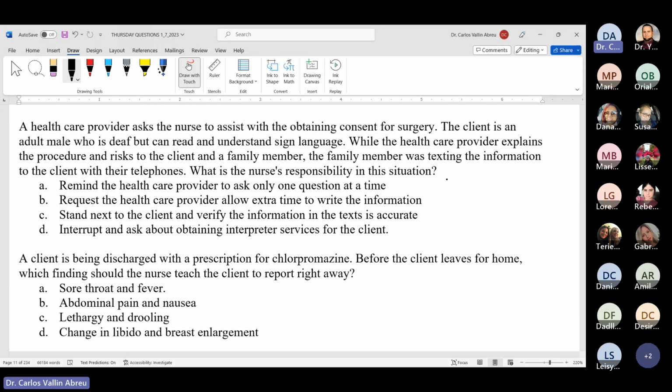So for two reasons, because of the quality of the interpretation by the family member, who is not a medical interpreter, and because confidentiality is violated, the use of a family member in any mode is inadequate. The only person who should be doing the interpretation or translation or whatever you call this is a professional interpreter.